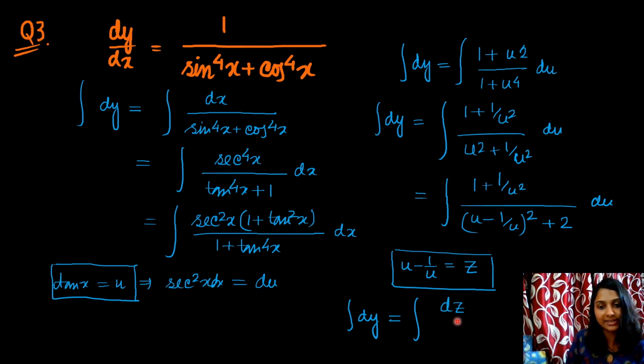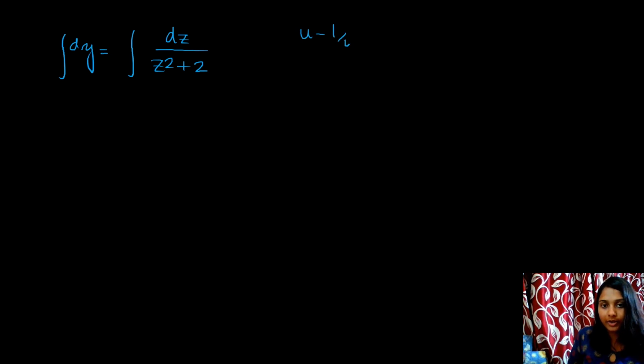So therefore, this dz term will be divided by z square plus 2. So this integration can be done easily. It will give y equals the integral of dz over z square plus 2, and there are also the substitutions z and tan x equals u.